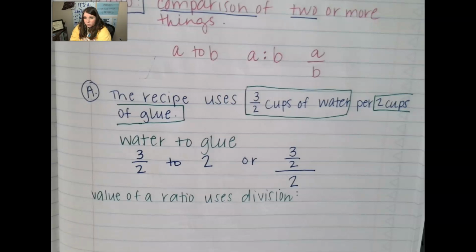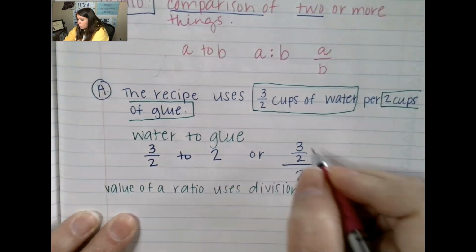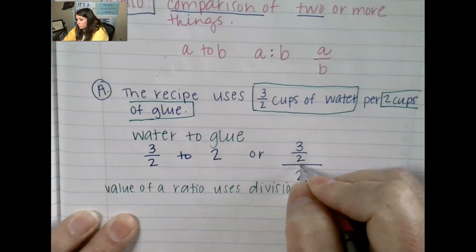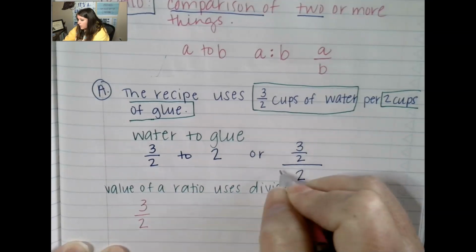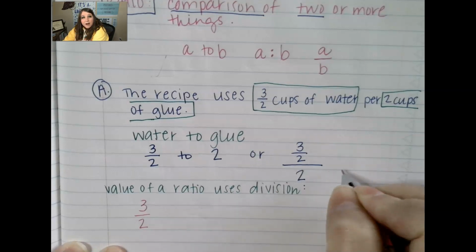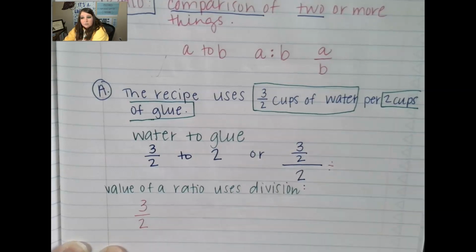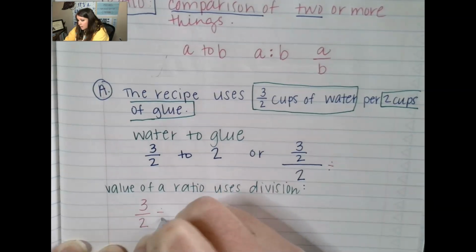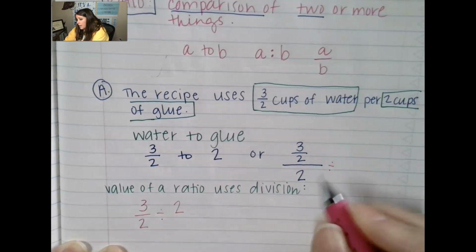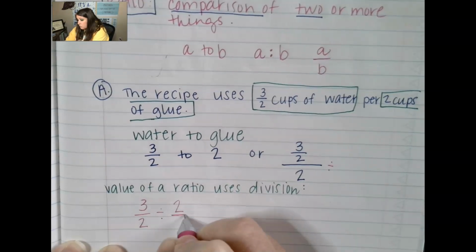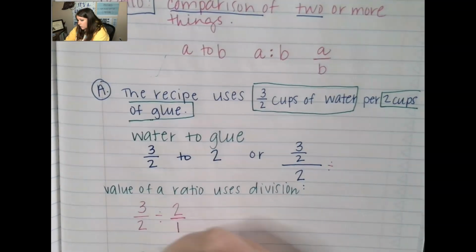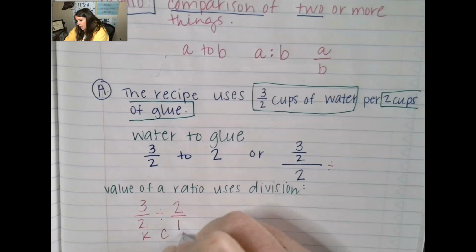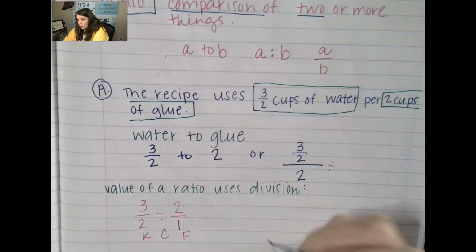So when we solve this problem to find the value of the ratio, we're going to take 3 over 2, or 3 halves, and we're going to divide it, because remember a fraction line also means division, divided by 2. Now it's 2 wholes, so it's 2 over 1. Remember to divide a fraction we use keep, change, and flip, or the reciprocal.